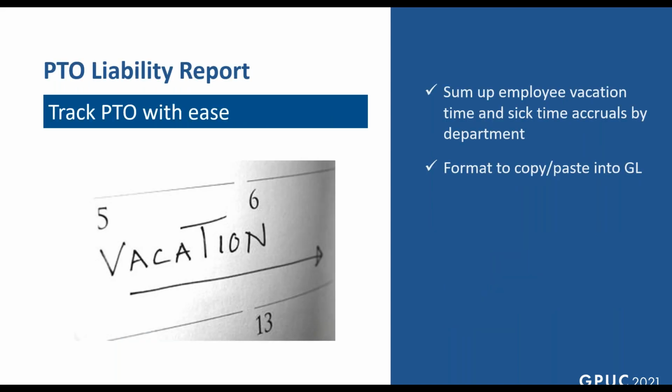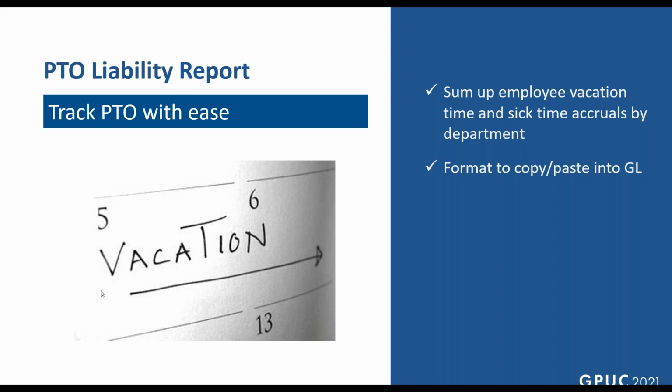The next one that we're going to talk about is our PTO liability report. This one is done in Excel, and it's designed to work with the absence tracking in HR and payroll.